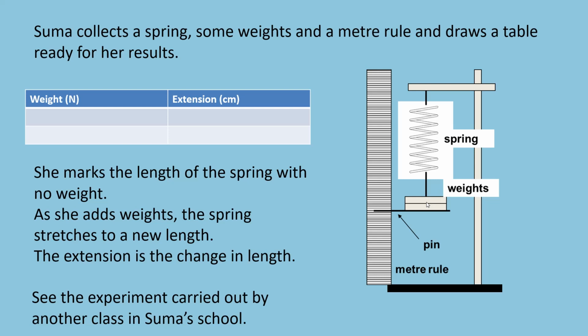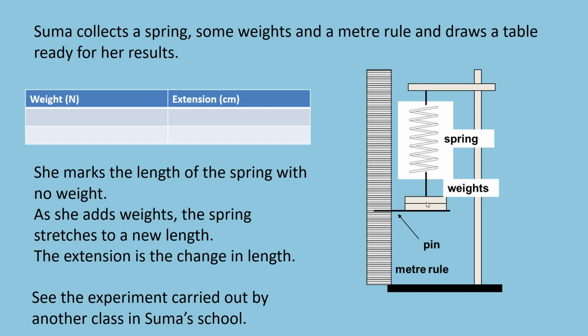When she adds weight, the spring will stretch or elongate. Okay? So what's the extension? The extension is the change in length. We subtract the old length from the new length. For example, the new length is 12 centimeters, the old length is 8. So 12 minus 8 is equal to 4 centimeters. So the extension is 4 centimeters.